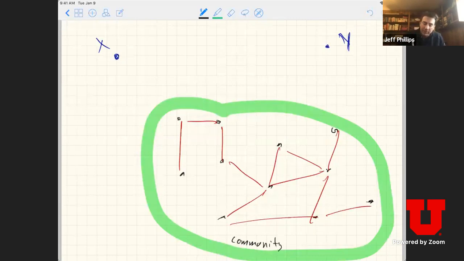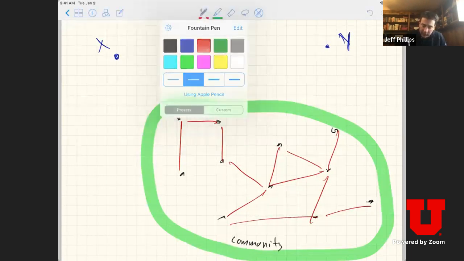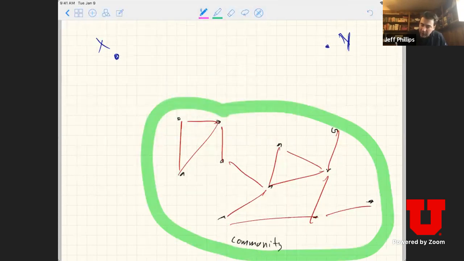And then I have two people who are independently not in the community, but they each have 3 edges into it. Let me add one of these edges here. Now each of these people has 3 edges into this community, but they're a little bit different.